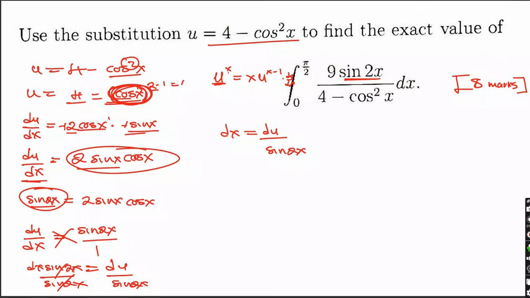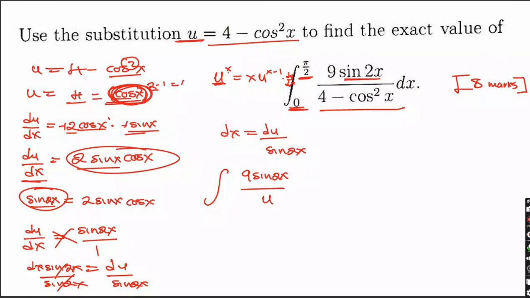Just actually to replace. So we're going to have the integral. I'm going first to forget about the limits, but don't forget that since we are using u substitution, we need to change these limits in terms of u. So the integral now becomes 9 sine 2x. Now where there is this, we replace by u, because that's what we have been told.